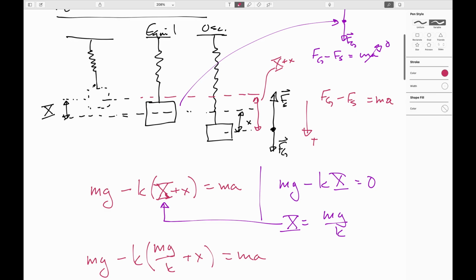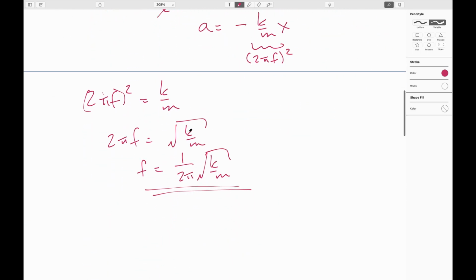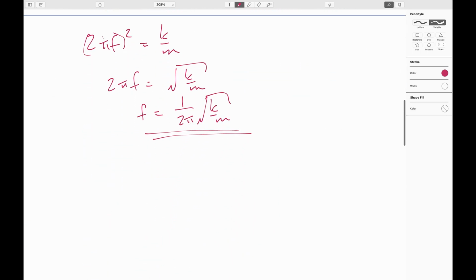So instead of it being the equilibrium position of just the spring all by itself, it's now where the object sits in equilibrium under the influence of gravity. So it oscillates around this point here. This is my new center of equilibrium. It oscillates about this height right here instead of this height here, but still does it at exactly the same frequency as before.